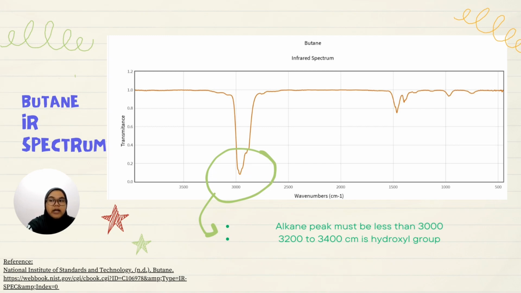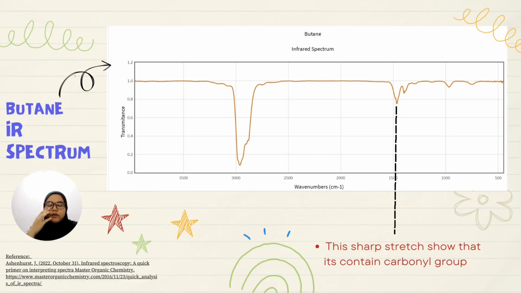It is because an alkane peak must be less than 3000. If the peak is larger than 3000, like 3002 to 3004, it means that this sample contains a hydroxyl group. So butane doesn't contain a hydroxyl group. So this infrared spectrum is valid to say it is butane because it is lower than 3000.